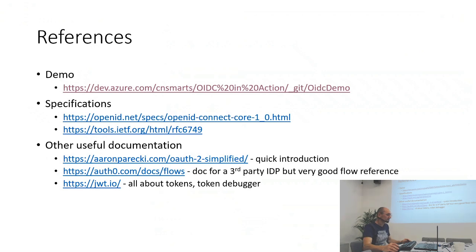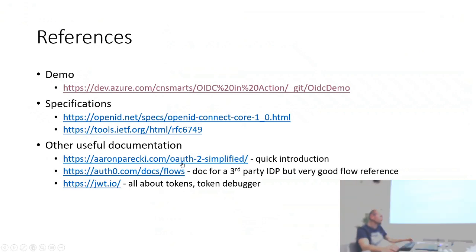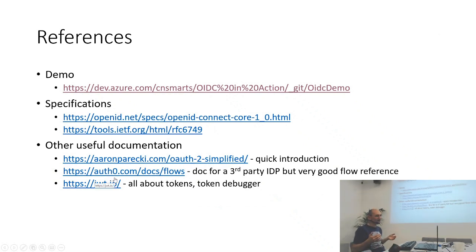Auth0 is another provider which provides OpenID Connect as a service. And again, you don't have to use them, but they have a very good description of how the flow works, and you can use the documentation to learn from it, because it's hard to read the standards.